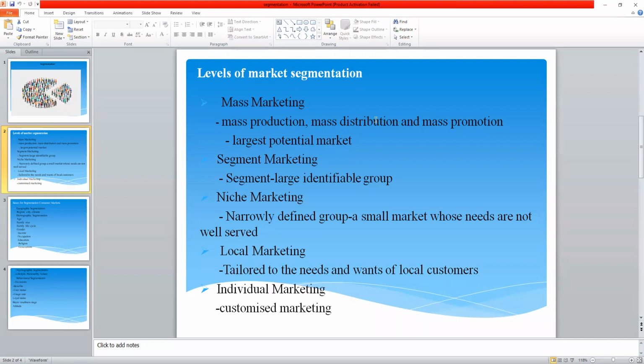Like if you have designer wear, here it's the perception of the individual person that decides the design chosen. Accordingly, the person will think of having the clothes or apparel designed. So it is customized marketing.